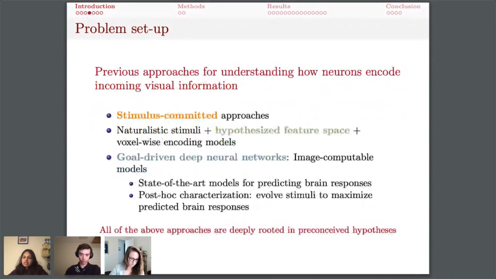Importantly, while all of these approaches have been instrumental in advancing our understanding of the visual system, all of them are deeply rooted in preconceived hypotheses. In the stimulus-committed approaches, the hypothesis governs the selection of the narrow range of stimuli and task parameters. In the second, the model-based system identification approach, the hypotheses are formulated in terms of an explicit feature space.